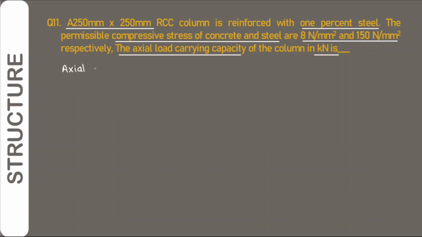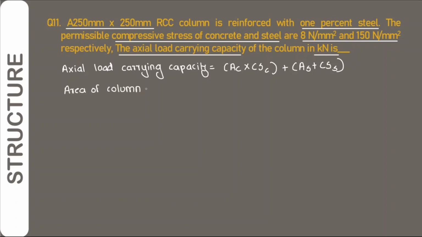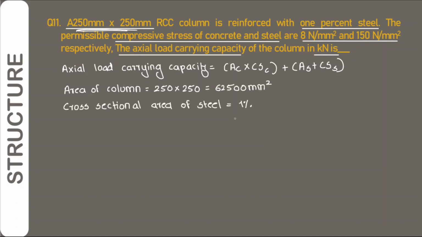So the axial load carrying capacity, the formula is area of concrete into compression strength of concrete plus area of steel into compressive strength of steel. So the area of column is 250 into 250, that is 62,500 mm square. Cross section area of steel is 1%, which comes up to 625 mm square.